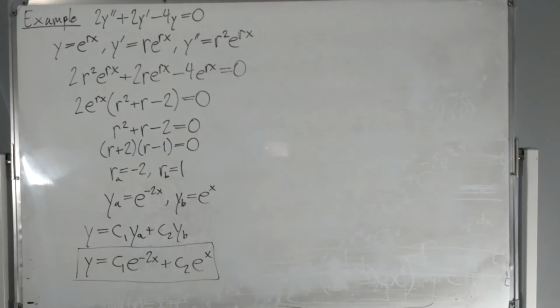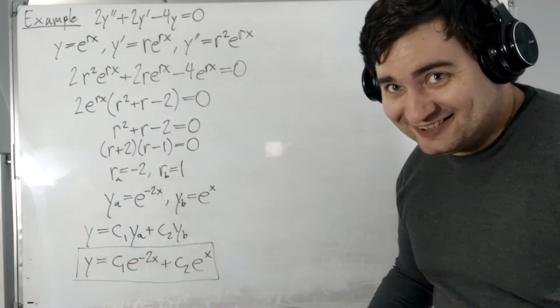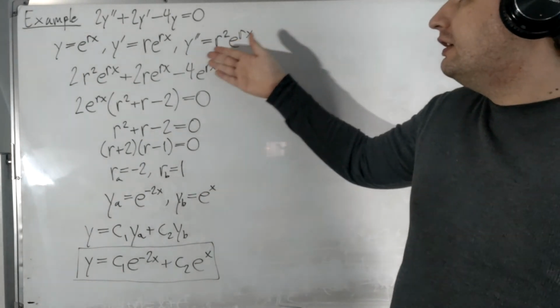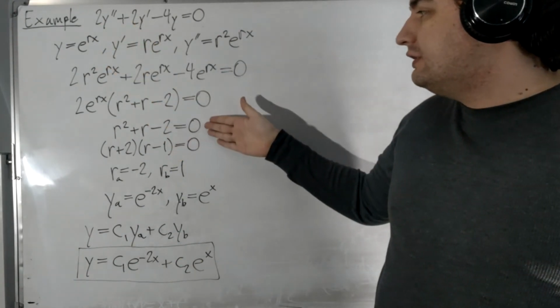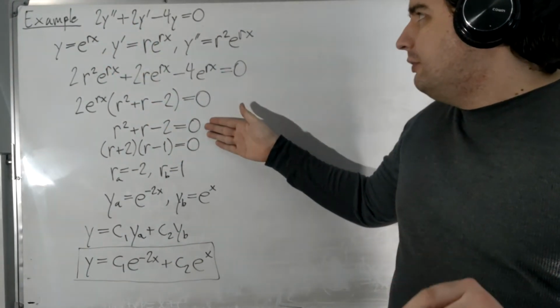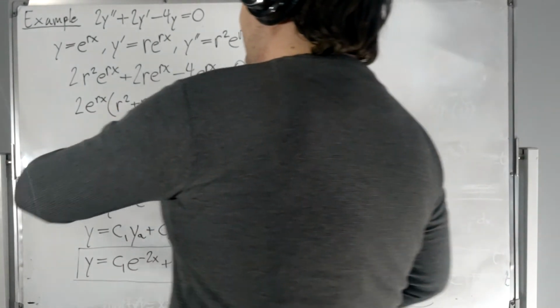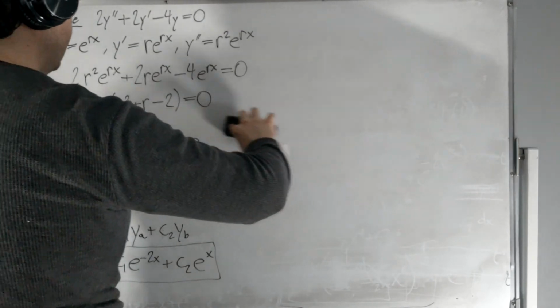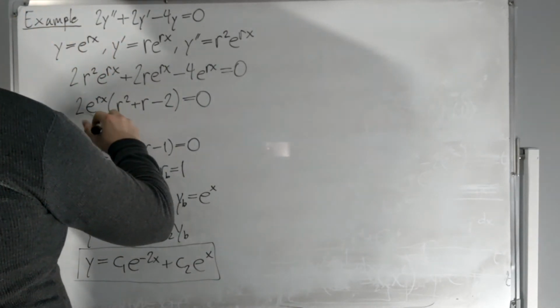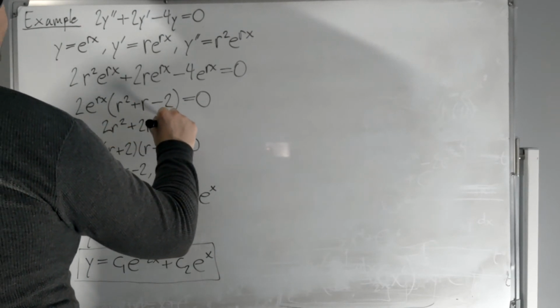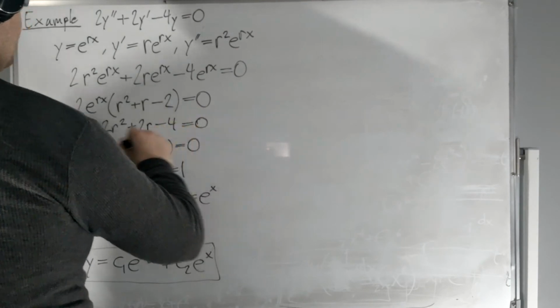And the truth is that every second order linear homogeneous ODE with constant coefficients is like this. You take the e to the rx, you get the characteristic equation, which, by the way, I'd like to point out, if you don't factor out the 2 here, we get 2r squared plus 2r minus 4 equals 0.